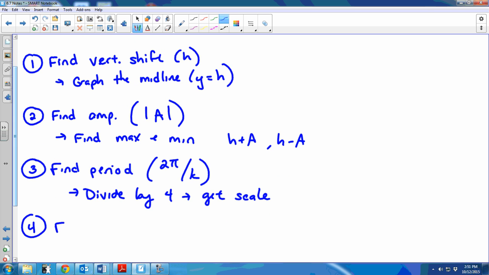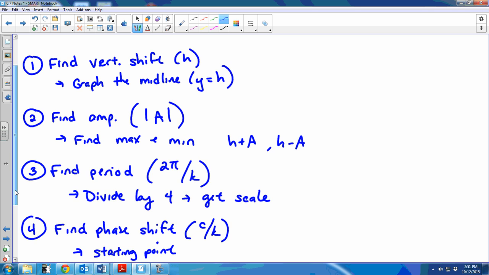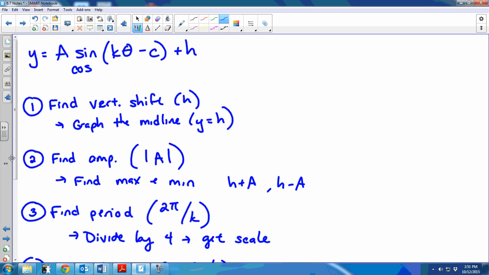And then we would find the phase shift, c over k. And that was your starting point for your graph. So you already have all of those notes on a different note sheet from before fall break. But just to kind of jog your memory, because we're going to have to graph them here in a second. All right? So vertical shift, amplitude, period, and then phase shift.